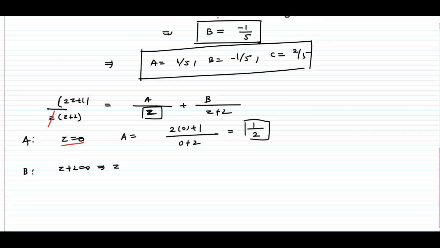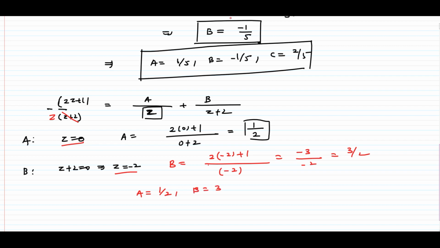So z is equal to negative 2. We cancel this term and put z equal to negative 2 in the rest of the term. The value of b will be 2 times negative 2 plus 1 upon negative 2, that is negative 3 upon negative 2, that is 3 by 2. So the value of a is 1 by 2 and the value of b is 3 by 2.